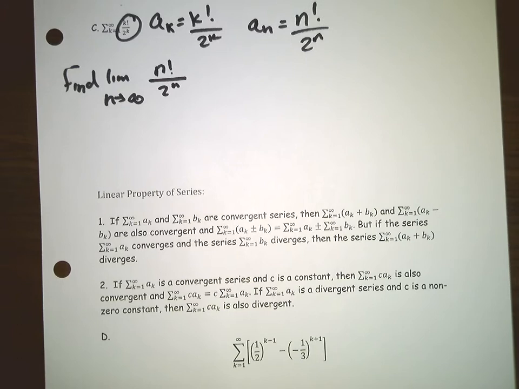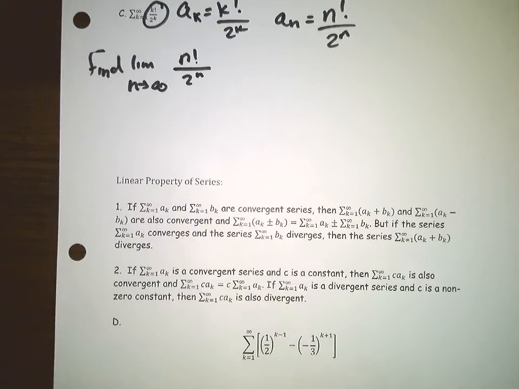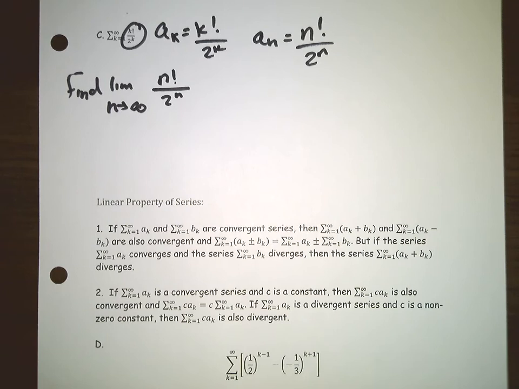Now I need to determine whether the numerator is getting bigger faster than the denominator, or the denominator is getting bigger faster than the numerator, because that will tell me whether this should be infinity or whether it will be 0.